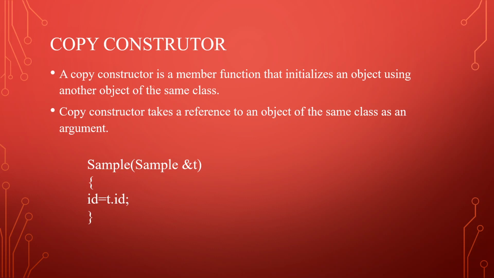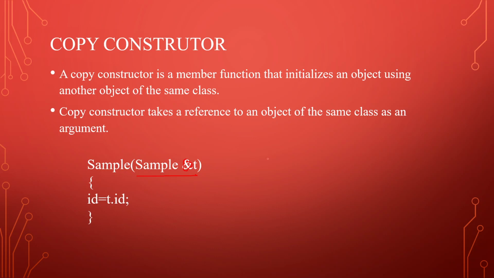While giving the parameter, we are supposed to create one object of the class name and it should have the address of that, because the copy constructor will pass the argument, which will be an object, because another object's data only we are going to store in the copy constructor.